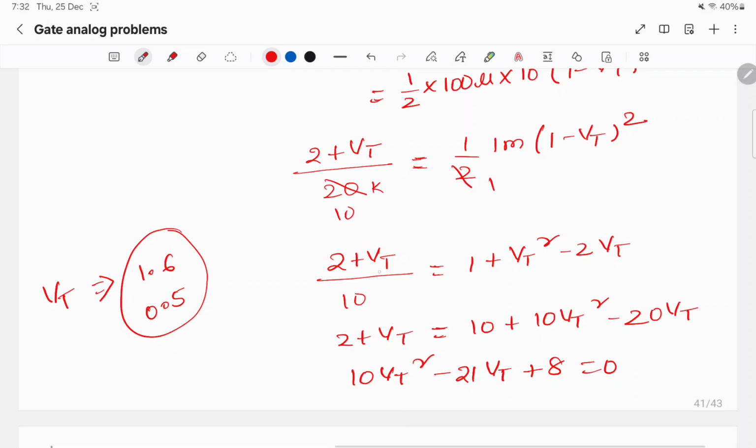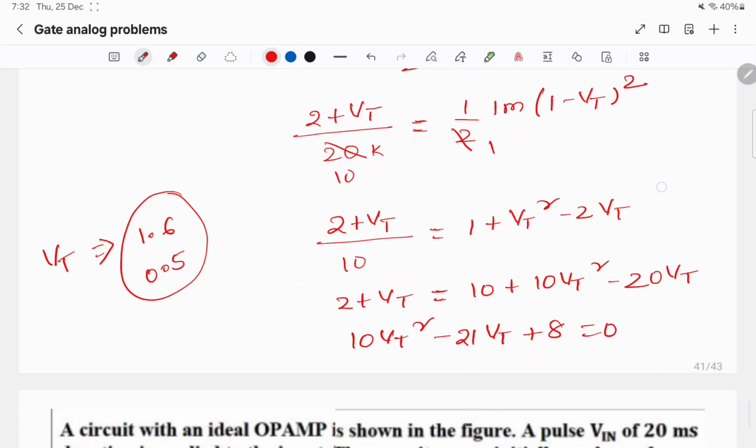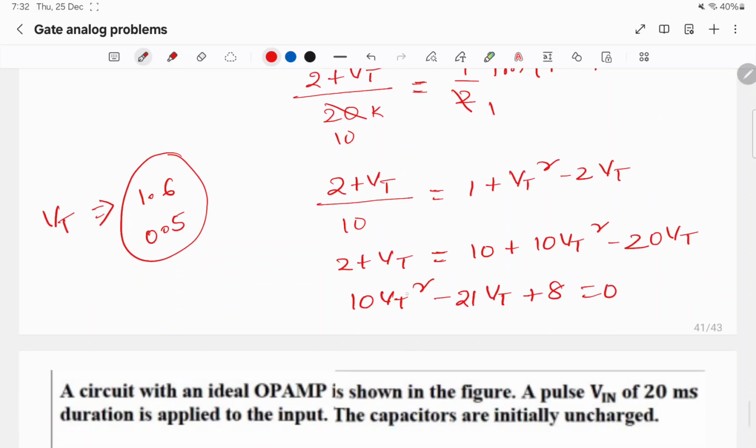So it will be 2 plus Vt by 20. The k will multiply with the 1 milli here, so it will become simply 1 plus Vt square minus 2 Vt. So we will get a quadratic equation, 10 Vt square minus 21 Vt plus 8. If we solve, we will get two solutions.